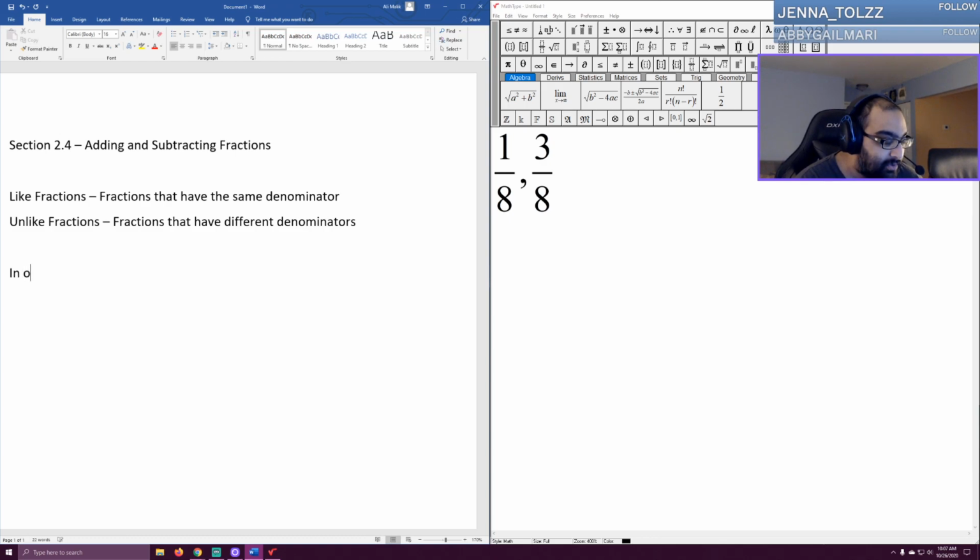So let's talk about the first key here, because there are several. The first key that we'll talk about is that if we want to add or subtract fractions, they must be like fractions.